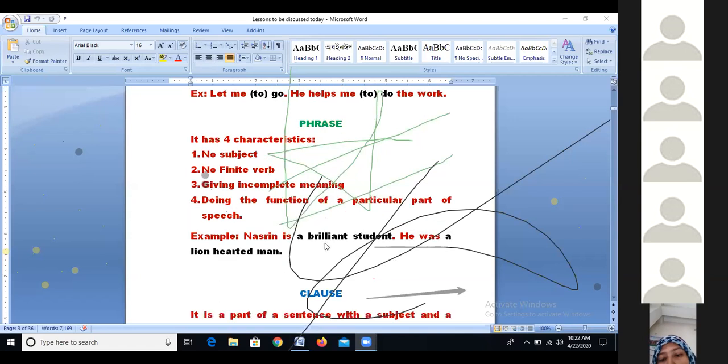Most of the students call it an object, and they are habituated to call anything after verb object. It's wrong. Actually, you have to understand the behavior of the part that comes after the verb. A brilliant student, it analyzes Nasrin.